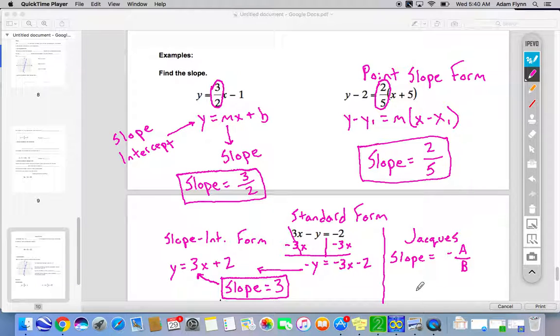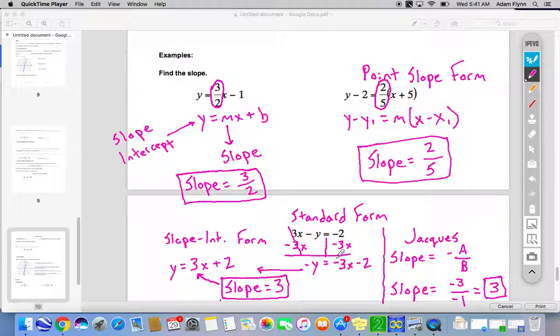Okay, so in this case, my a is 3, so I'll write negative 3 up top. And my b is negative 1, because this is negative 1 times y. So I have negative 3 over negative 1. Well, negative 3 divided by negative 1 is just 3.